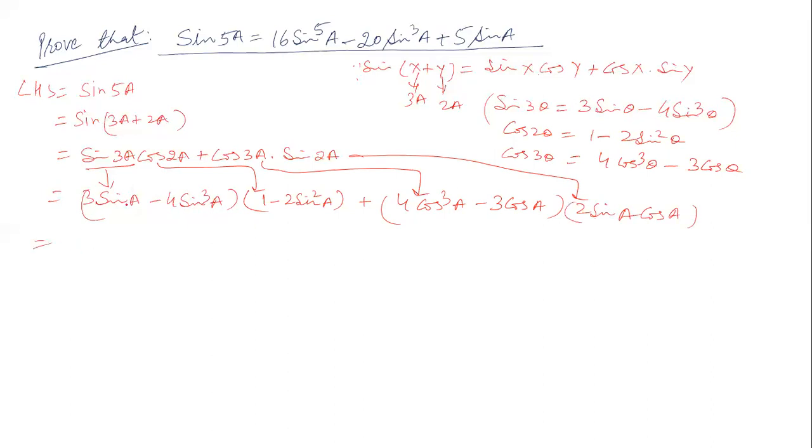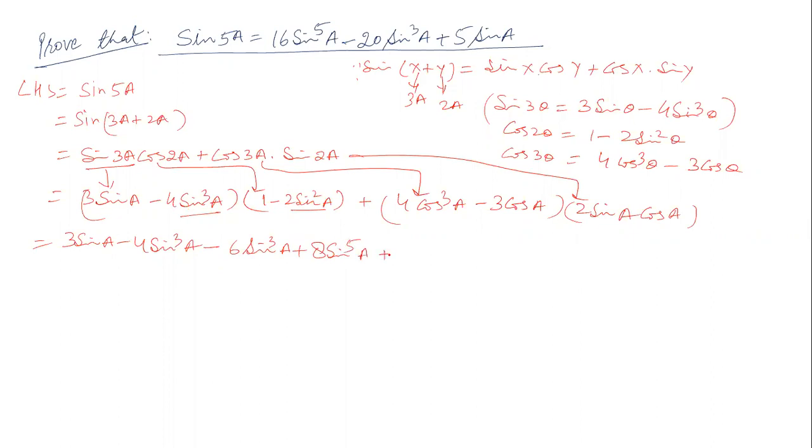Now multiplying these. 1 into 3 sin a minus 4 sin cube a will be 3 sin a minus 4 sin cube a, and minus 2 sin square a into this gives minus 6 sin cube a plus 8 sin to the power 5a.